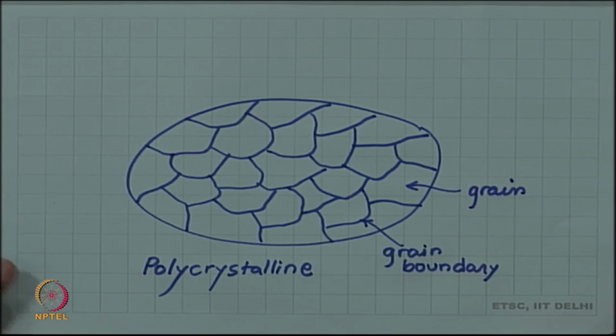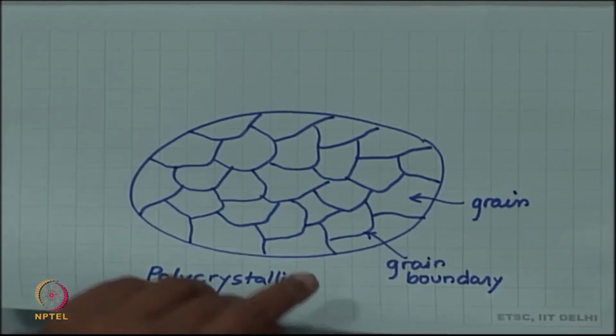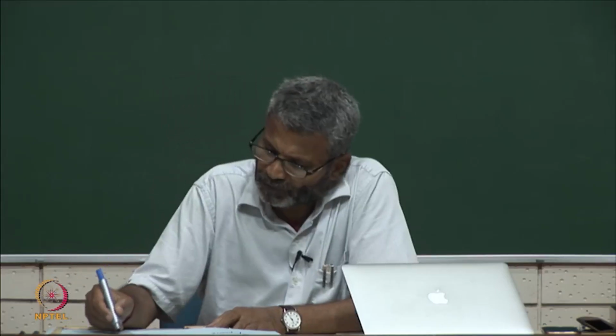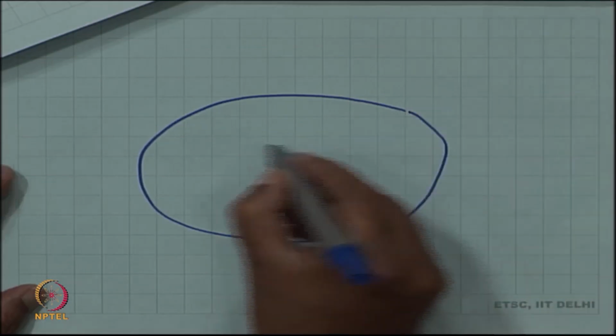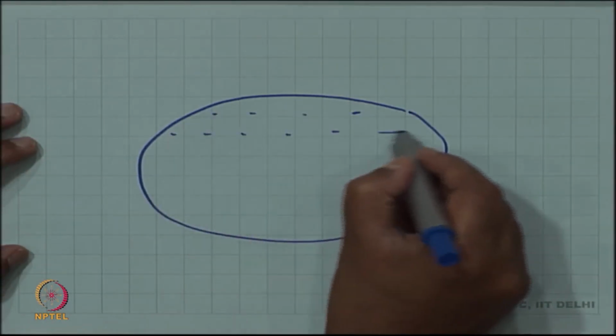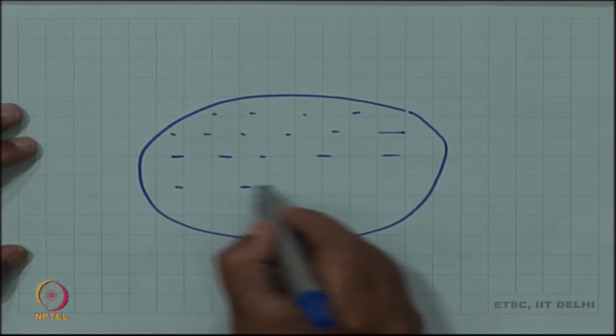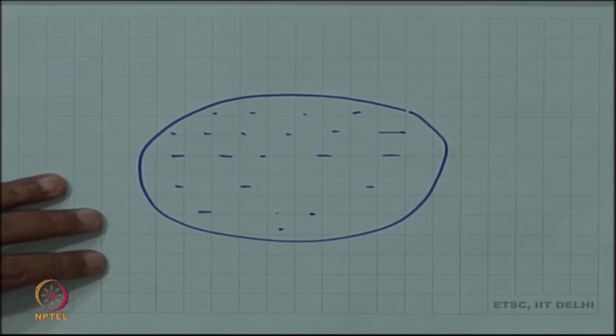So, this is typical of most materials, and why we have this we will study later. In most cases the material solidifies from a liquid, and suppose we were doing a casting and we had a liquid phase, then crystal starts forming.